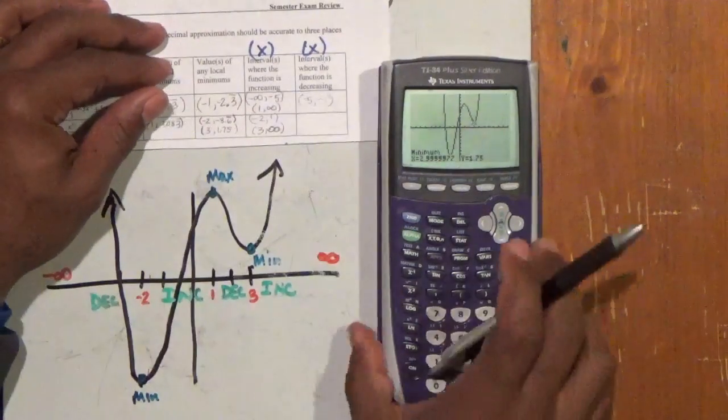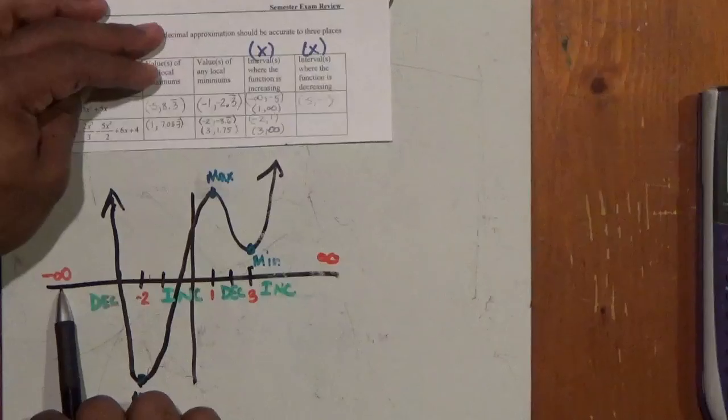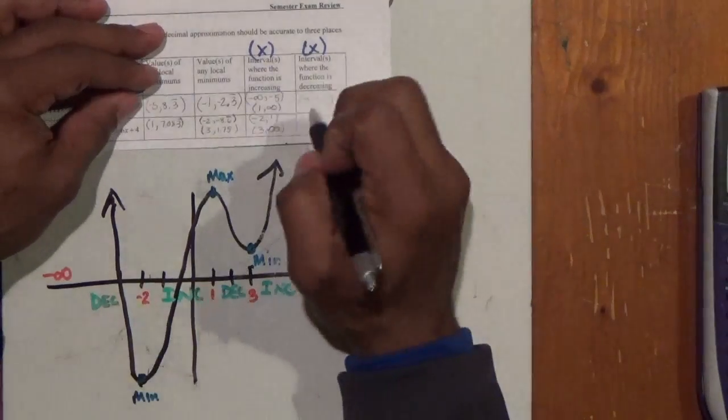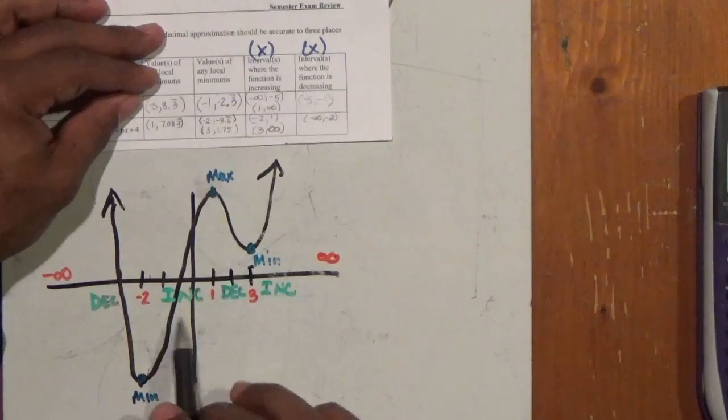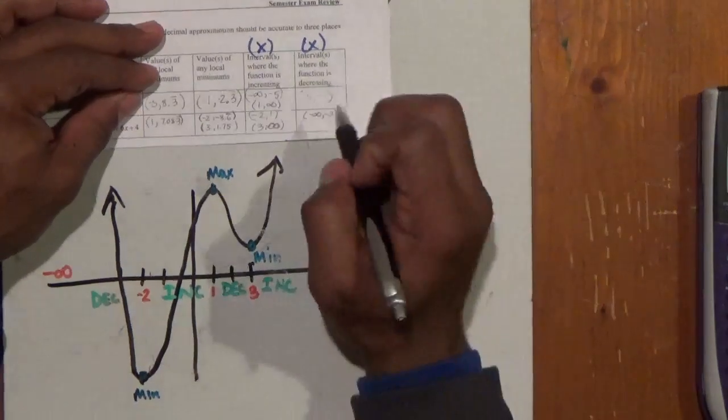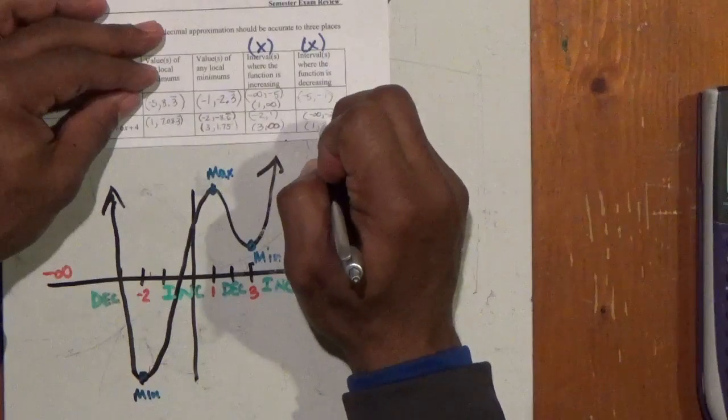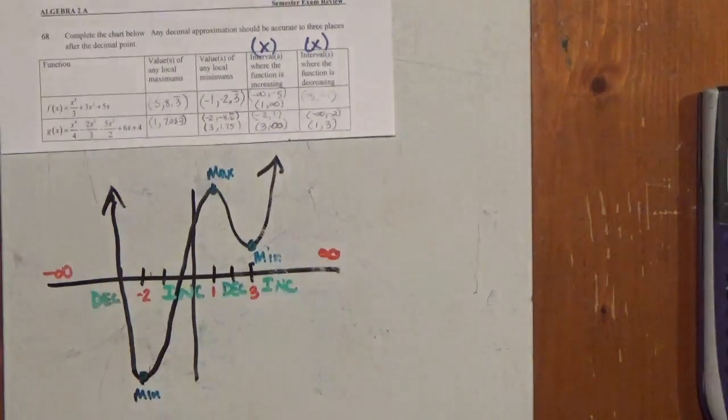We are decreasing from -infinity to -2, and we're also decreasing from 1 to 3. And we're done with that problem. Let's keep it going.